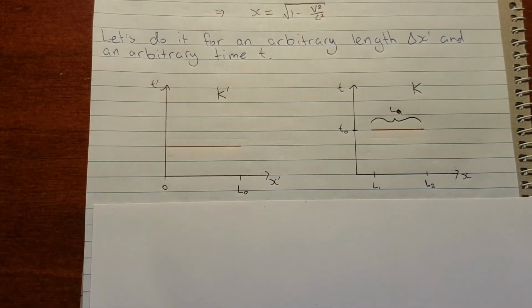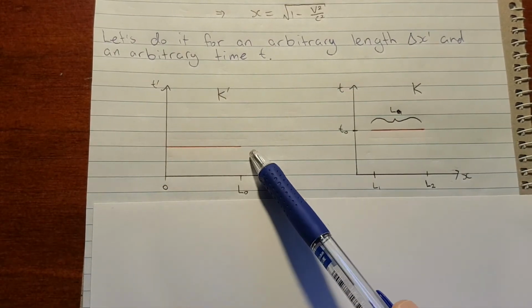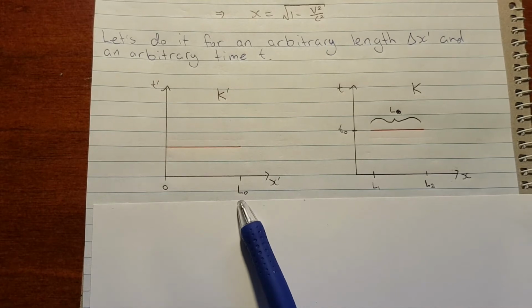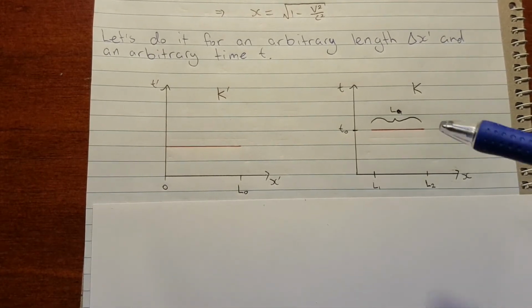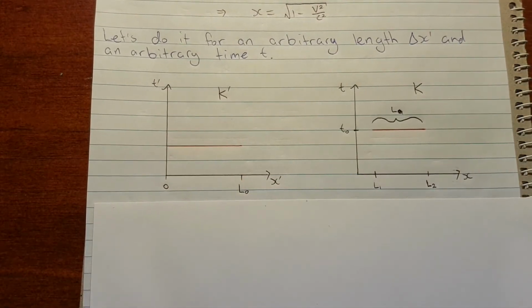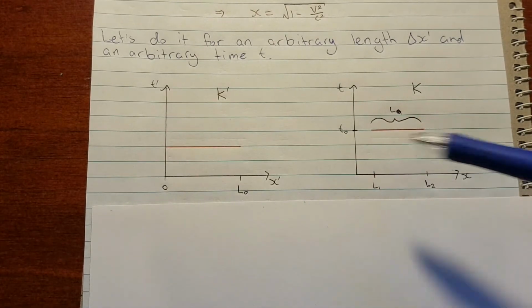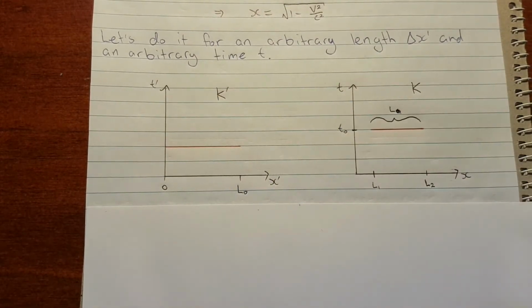In our K prime system, the train, here's another ruler that is at length L naught, so any arbitrary length. You'll notice I shifted the times this time, because this time t isn't going to be the same as this time t primed.